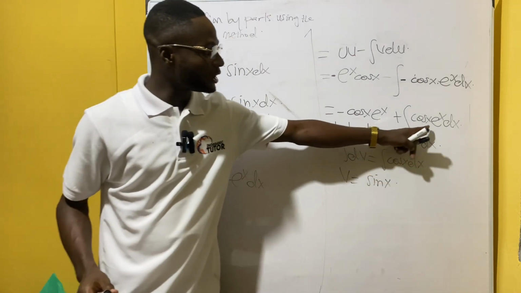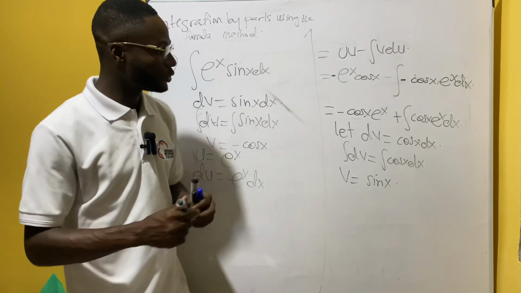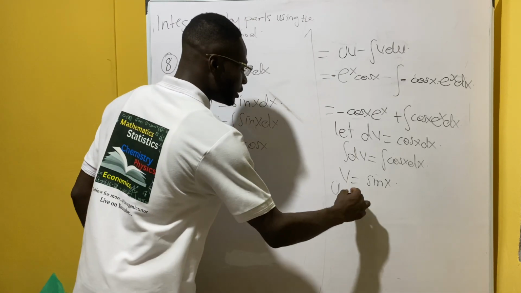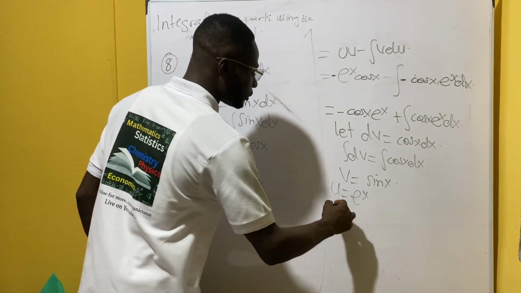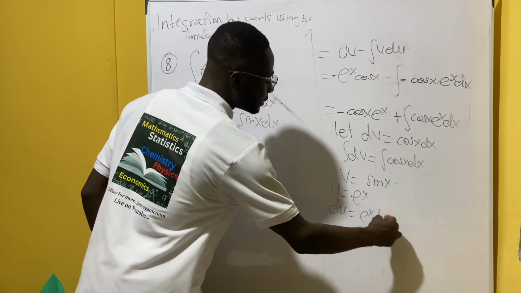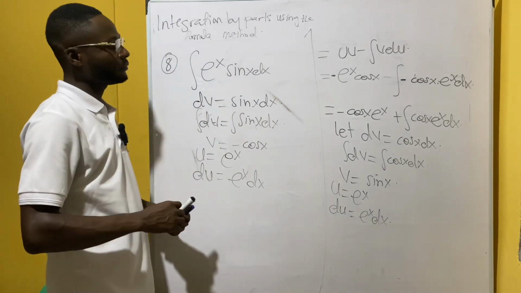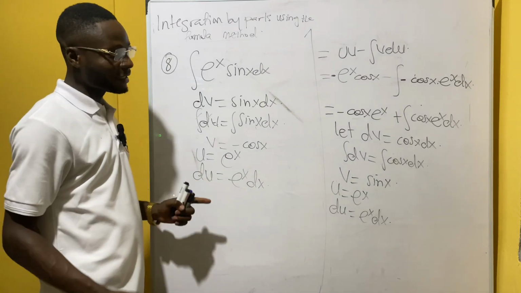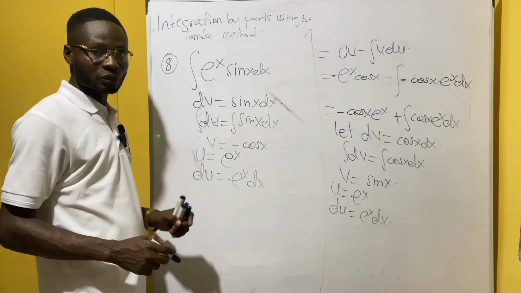Then we choose e power x as the u, so u is equal to e power x and du is equal to e power x dx. We can see clearly that when we substitute, we'll go back to the question.